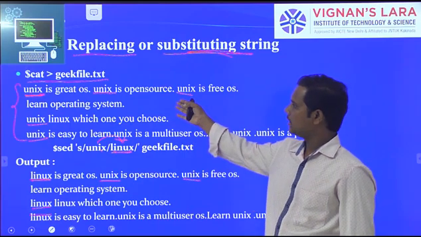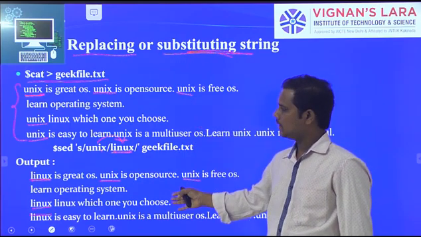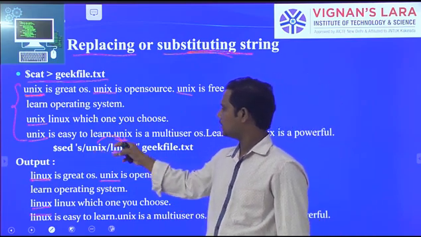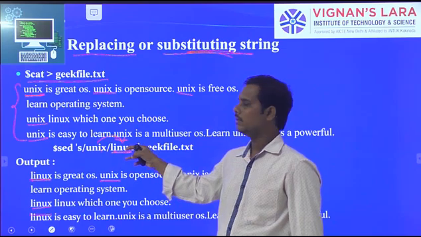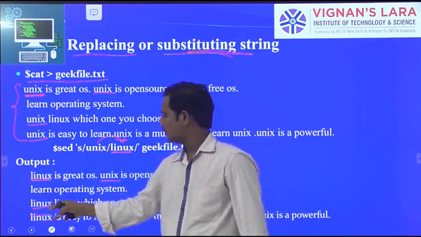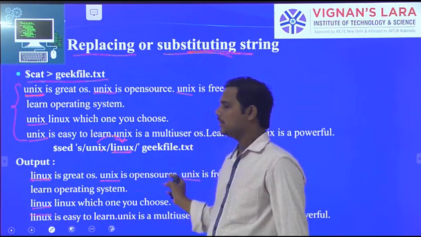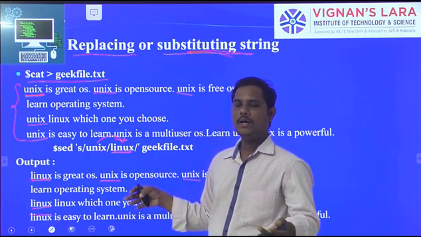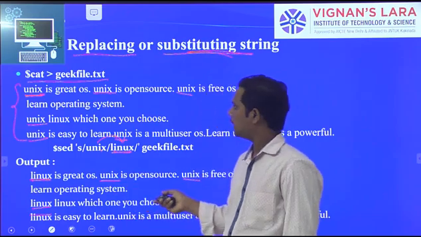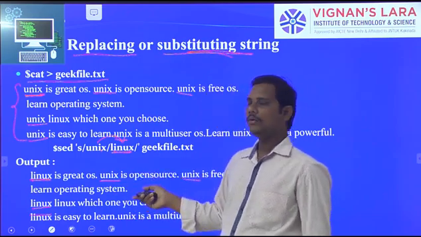This is the actual file, and this is the output file. So in the Unix place, I want to replace Linux. Here it is not changing because we are giving field 1, field 2, field 3 like that. I will show you how the entire line changes.